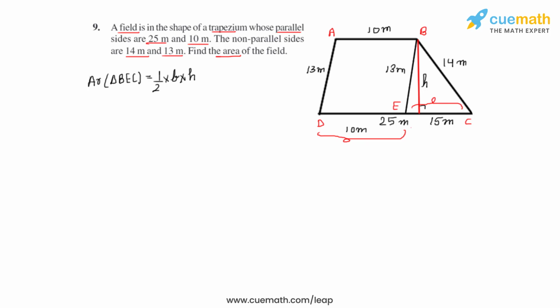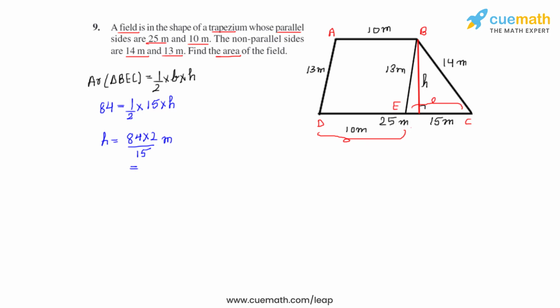The area, as we already calculated by Heron's formula, is 84, which equals 1 by 2 times base length 15 times h. So we can write h equals 84 times 2 divided by 15. Let's keep it as it is.